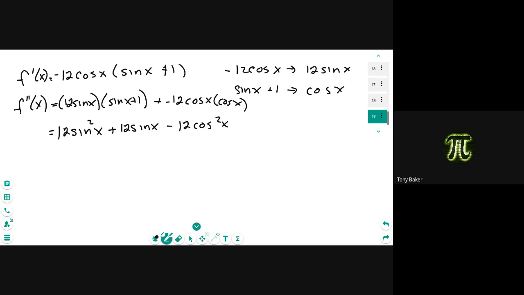All right, so now we have to set this to 0 to find my inflection points.